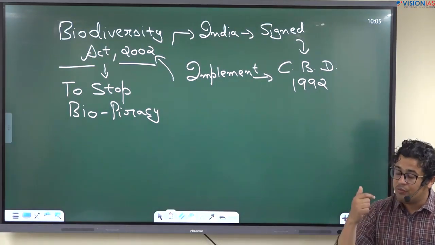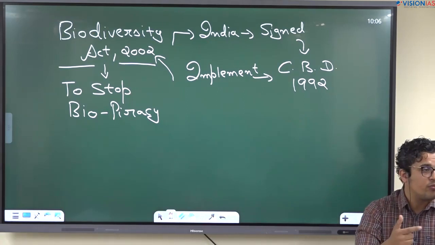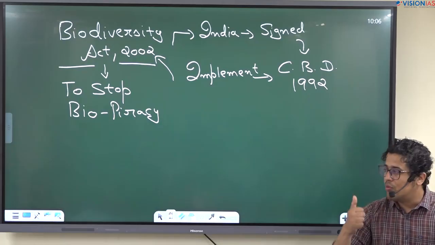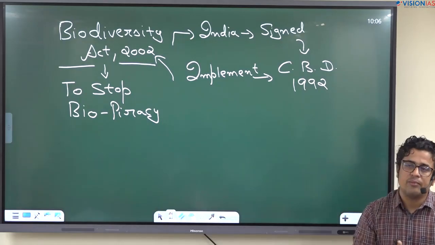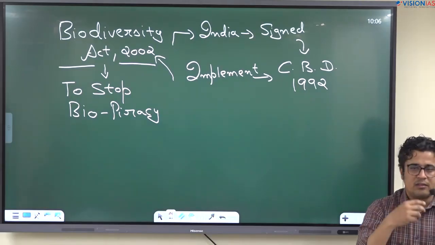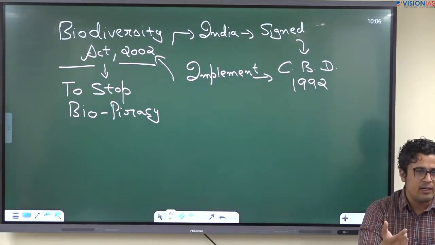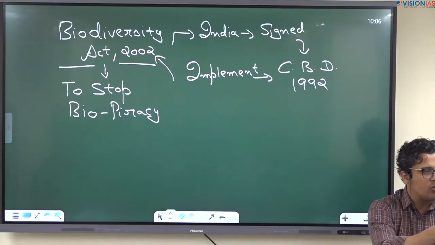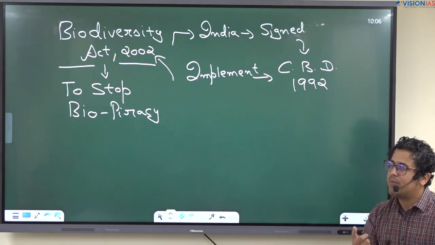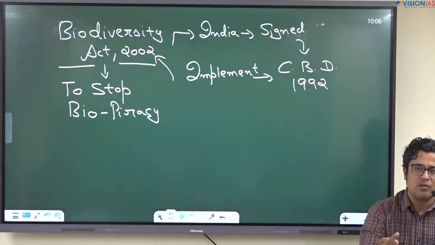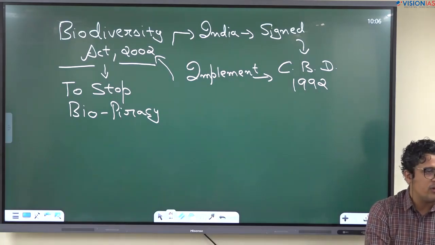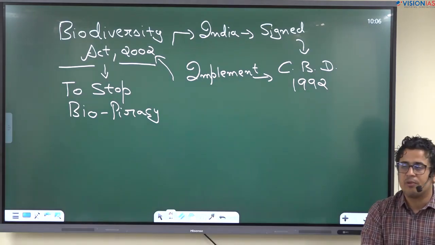If you want to grow that variety, you have to purchase seeds from that company because they have all the copyrights. They took your knowledge and ideas, patented them, and are now earning profit. So this is biopiracy: when someone steals your idea and knowledge, takes all the copyrights, and earns profit out of it.